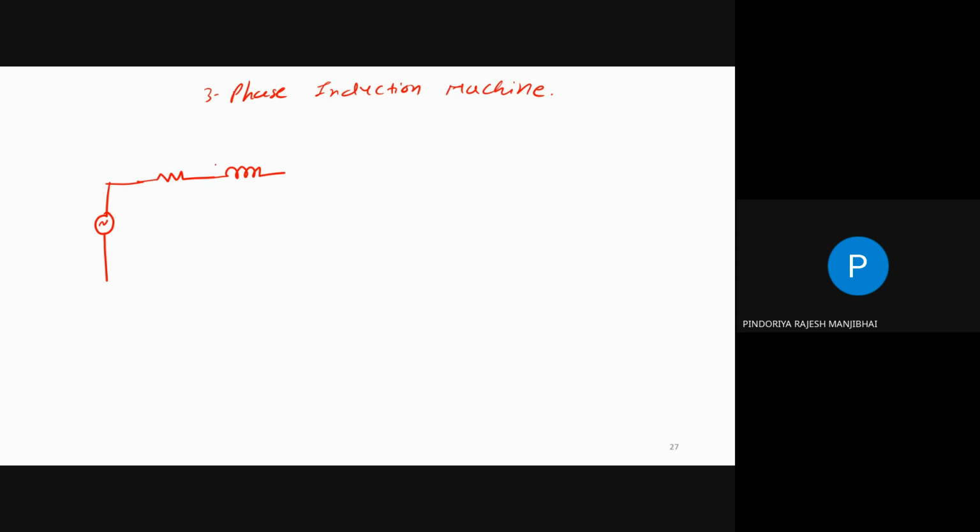So we can say R1, L1, okay, then mutual coupling, so this is similar to your transformer equivalent circuit.